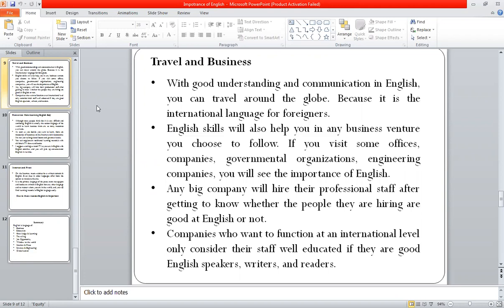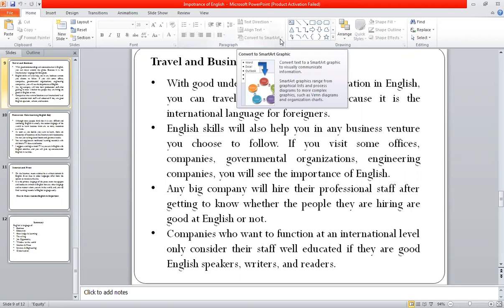If you go to Pune or Bangalore and visit some offices of companies, there are many companies in information technology, or core companies, mechanical companies, or electrical companies.